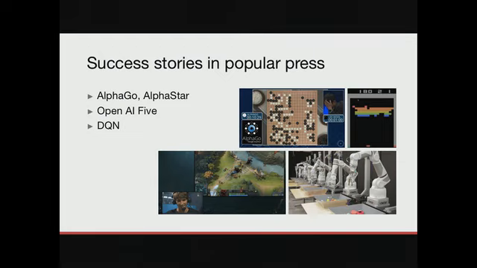Essentially, it's very hard to argue that the program that eventually beat Lee Sedol, and also later Go champions, in the AlphaGo picture in the top left, is not doing a good job, because they clearly beat humans here.